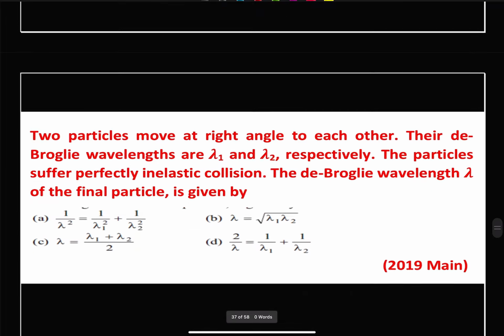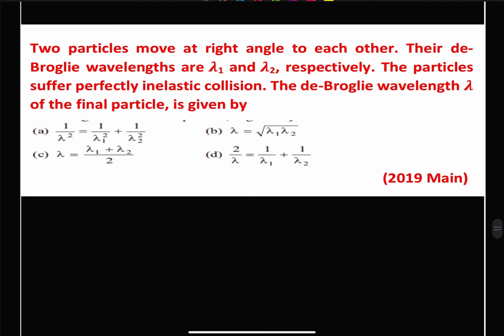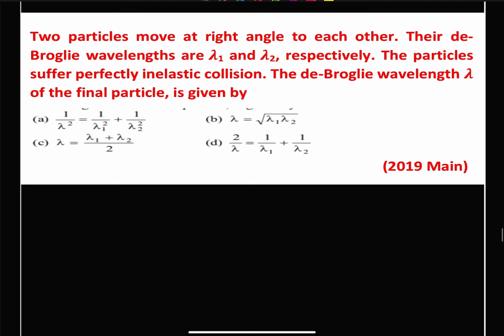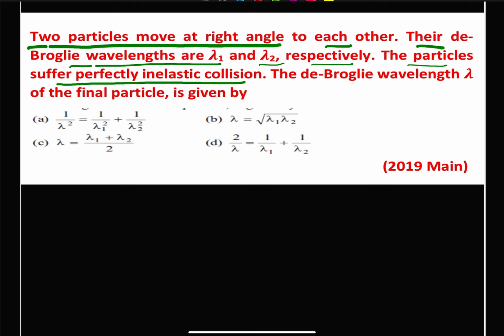Next question. It states that two particles move at right angle to each other. Their de-Broglie wavelengths are lambda 1 and lambda 2 respectively. The particles suffer perfectly inelastic collision. The de-Broglie wavelength lambda of the final particle is given by. So here we have two particles and they are moving at right angle with each other.